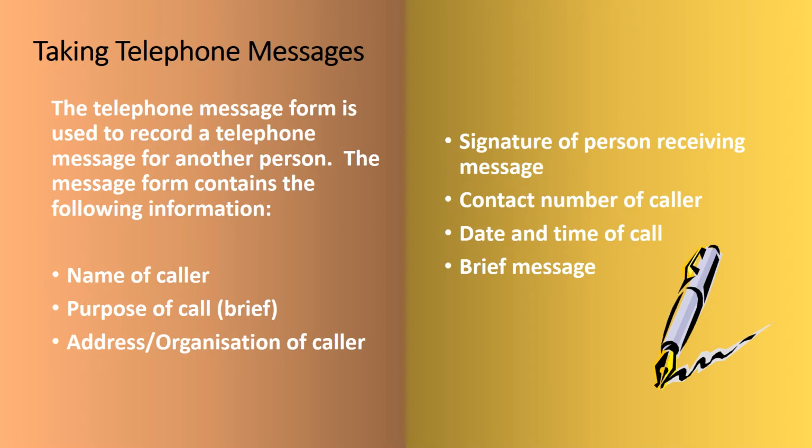This message form contains information such as the caller's name, the purpose of the call, the caller's address and organization that he or she is from, the signature of the person taking the message, contact number of the caller, date and time of the call, and a brief message based on what the call is about.